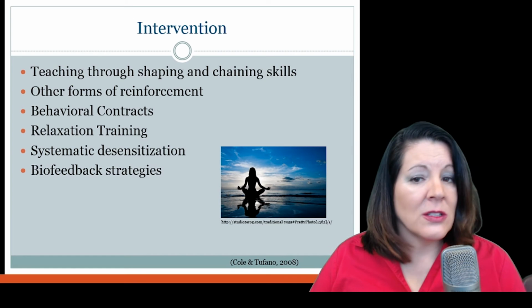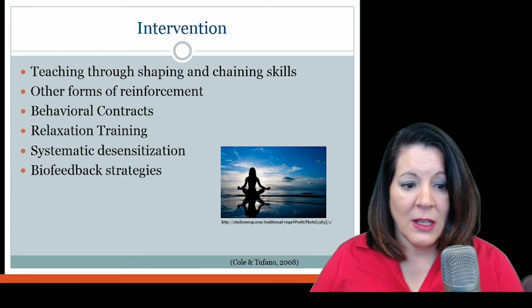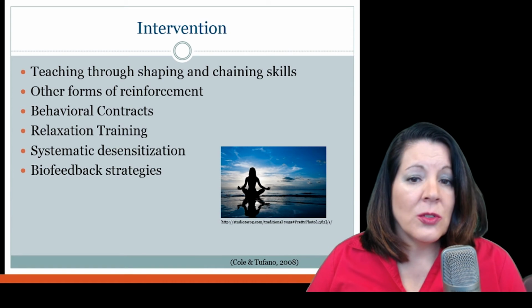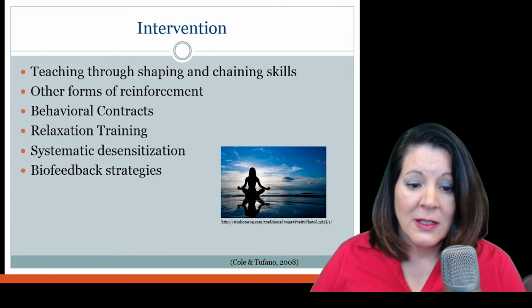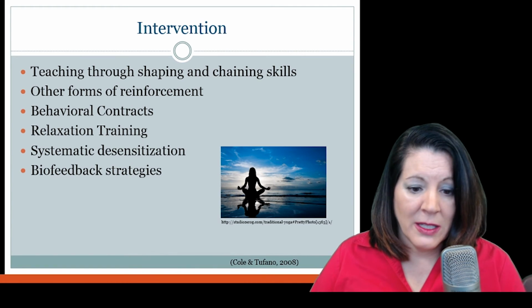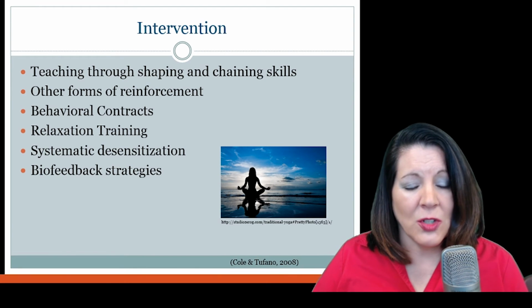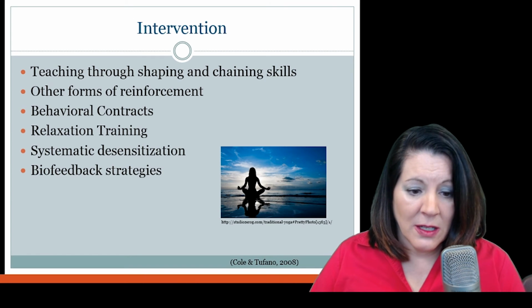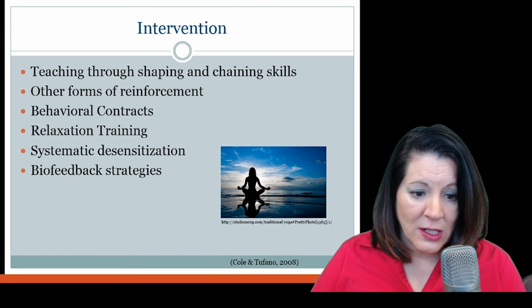And then intervention is all about using those reinforcers that you've set up, teaching through shaping and chaining and other forms of reinforcement. You can also use some things that are talked about in our book, such as behavioral contracts, to get the client to buy in. And then these last three on this slide are kind of starting to lean toward the cognitive behavioral realm of things: relaxation training, systematic desensitization, and biofeedback strategies.